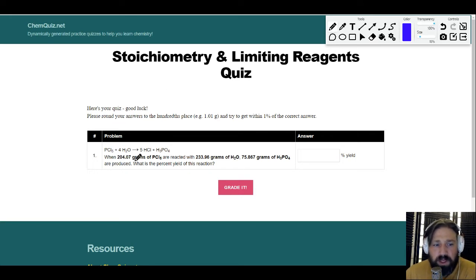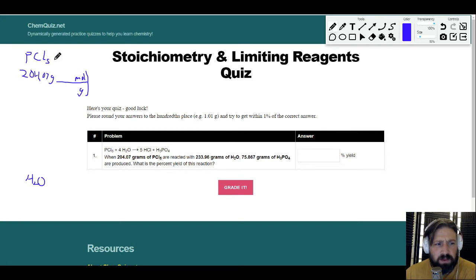Step one, we need to change these to moles right off the bat. So I'm going to work with the phosphorus pentachloride up here, and I'm going to work with the H2O down here. We have 204.07 grams, and we have to take this to moles, so grams over molecular weight.